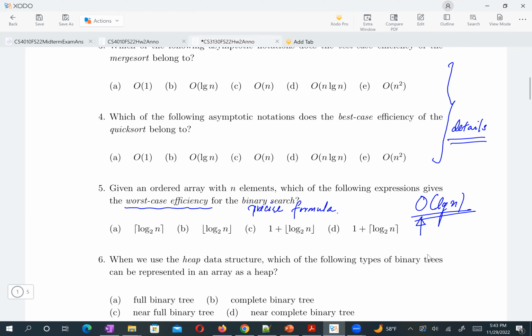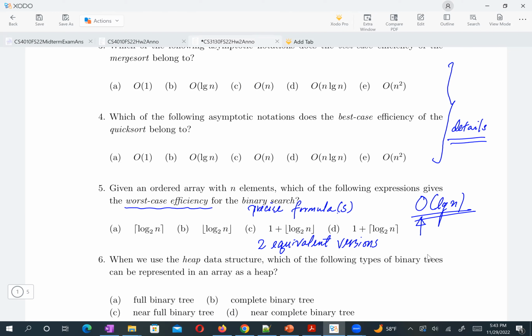In our notes, we have the precise formula as actually we have two equivalent versions. And here I only ask you to give one of the two formulas. So only one is correct.